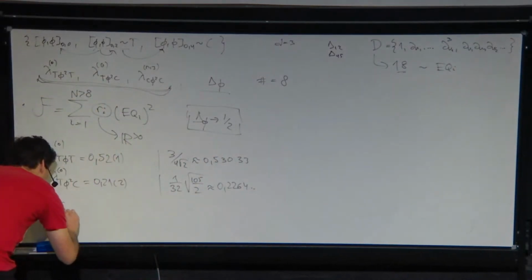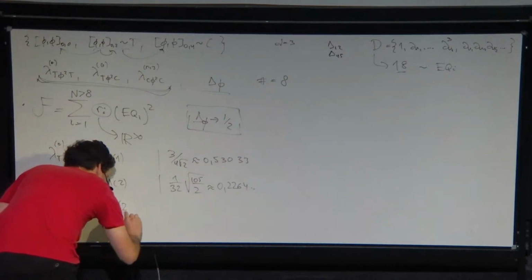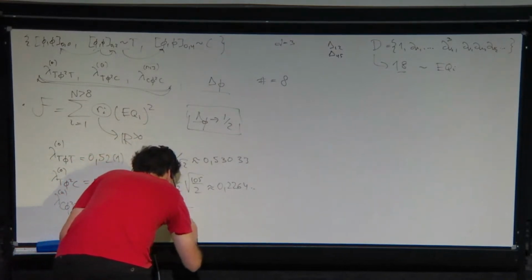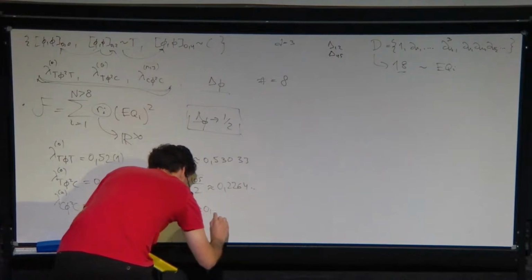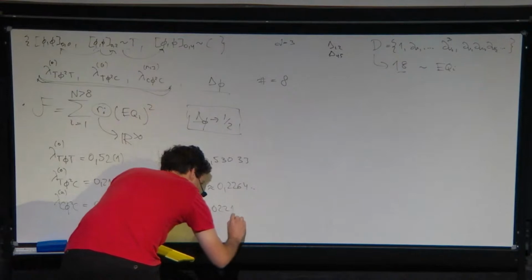And the other one that we get is this one. So 0.3. Well, the exact number is square root of 2. So that's roughly 0.221.